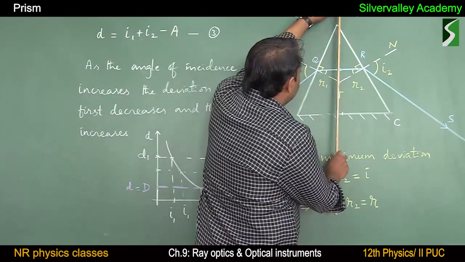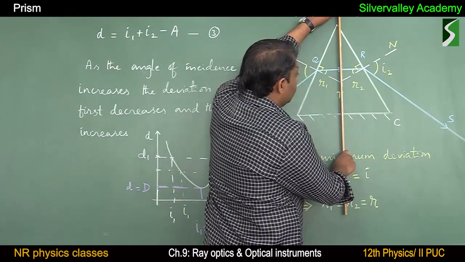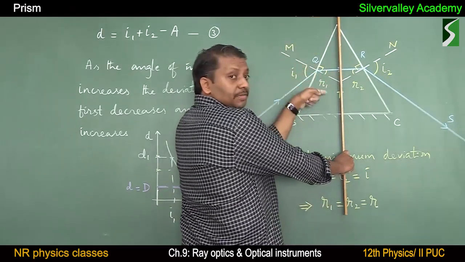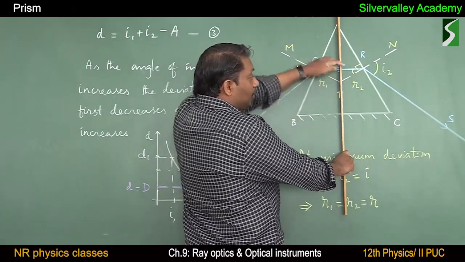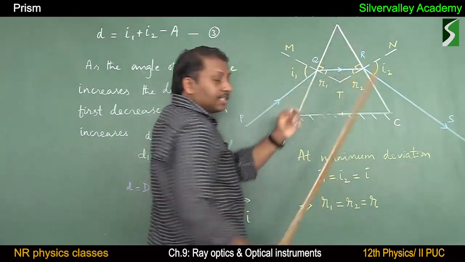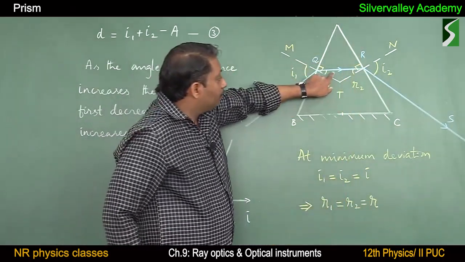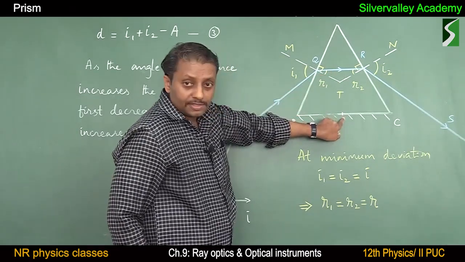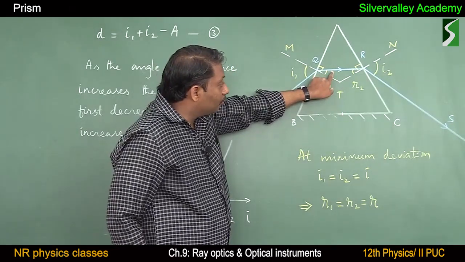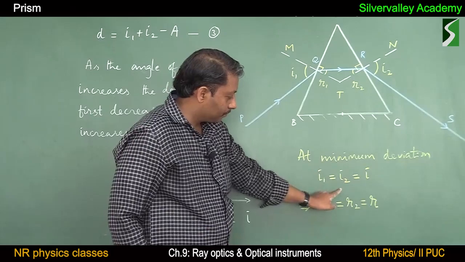If diagram is symmetric about this vertical axis, then naturally, to maintain symmetry, this refracted ray should be parallel to the base. That is why in the beginning we have taken this parallel to base. I hope you understood why this is parallel to base.